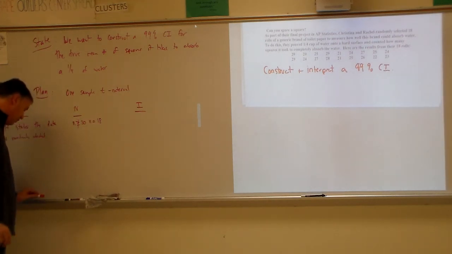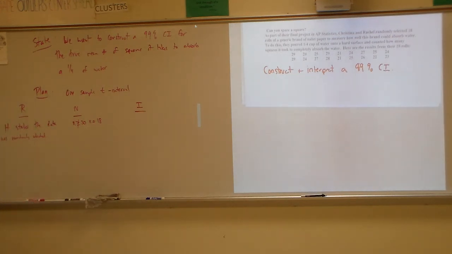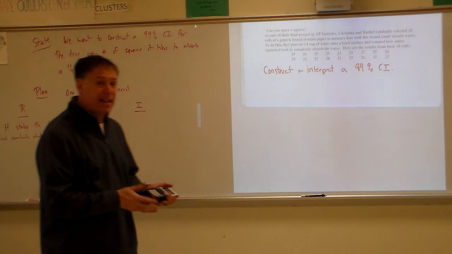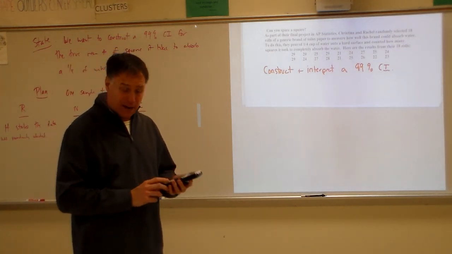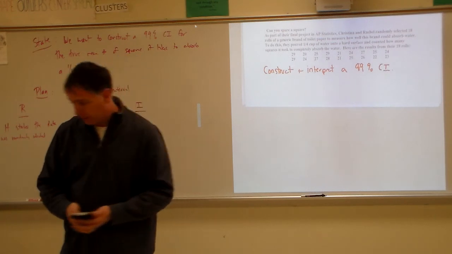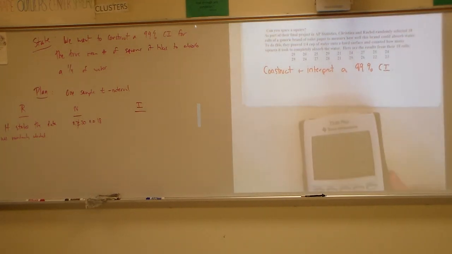So now what we have to do is go to our calculators and make a graph and show there's no severe skew or outliers. So I go to my calculator and I hit my stat button and I hit my edit button and I'm going to clear out L1.